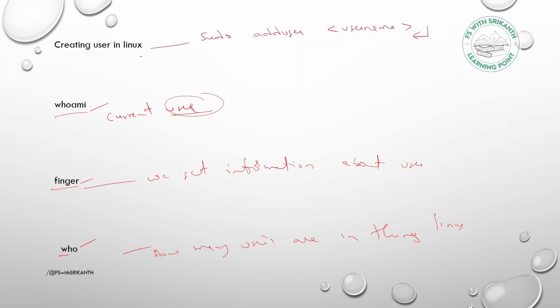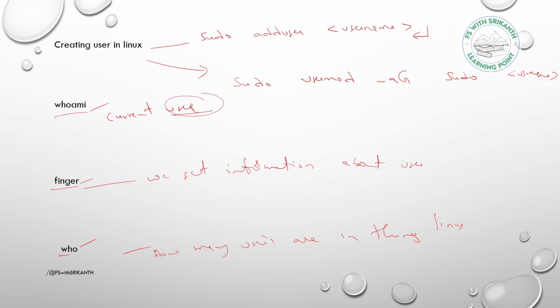If you want to add the new user to sudo, how do you give sudo privileges to the newly created user? sudo usermod -aG sudo username. In this way we create it.